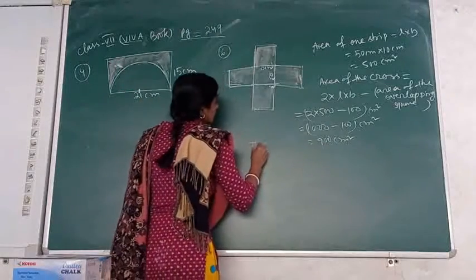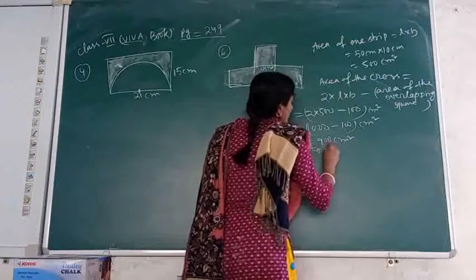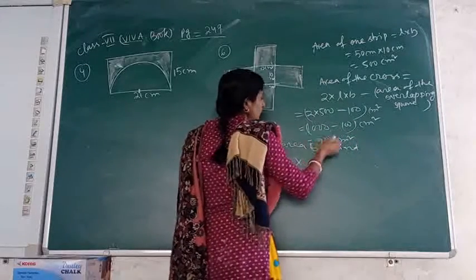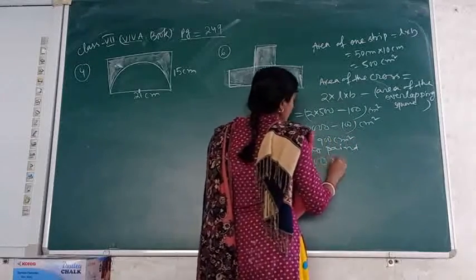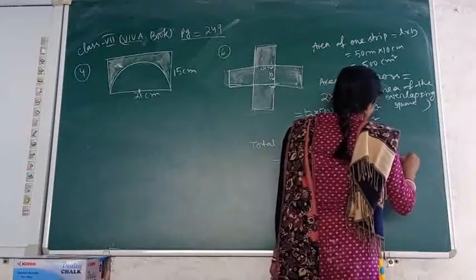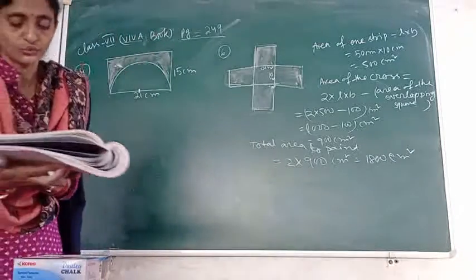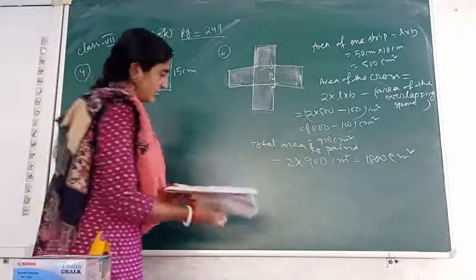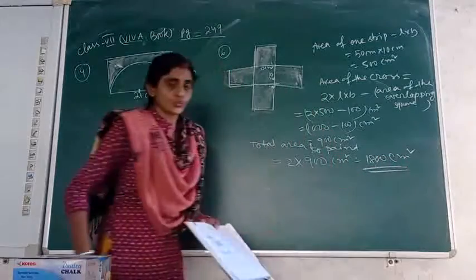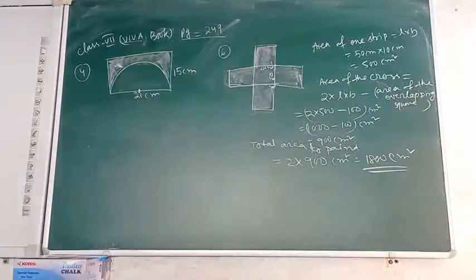Yes, the total area to paint equals what will it be? One side its area is 900, so two sides it will be 1800 centimeter square. Yes, so according to the question, you have asked the surface area to be painted, that will be 1800 centimeter square. So let's come to some other question on the next page.